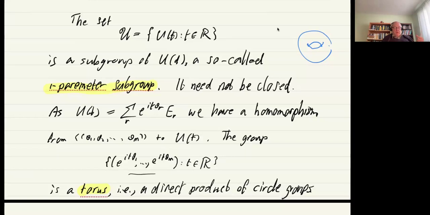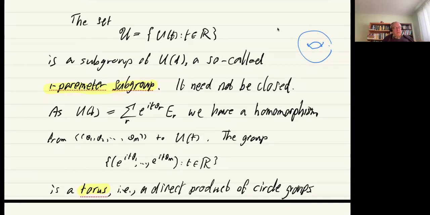What we're seeing is that U(t) is a homomorphic image of a direct product of circle groups, which is not particularly bad, it depends on your point of view. It could be a lot worse. Because of this problem about whether you're dense or not, there are some issues you have to think about from time to time. But it's an abelian group, and each factor is just a circle group, so it's reasonably straightforward.